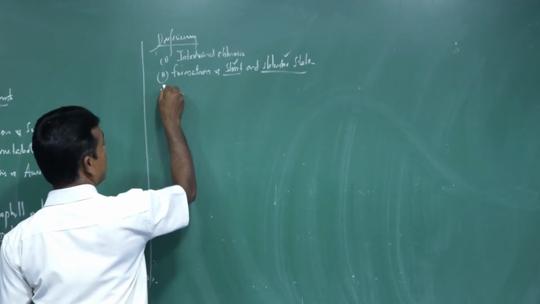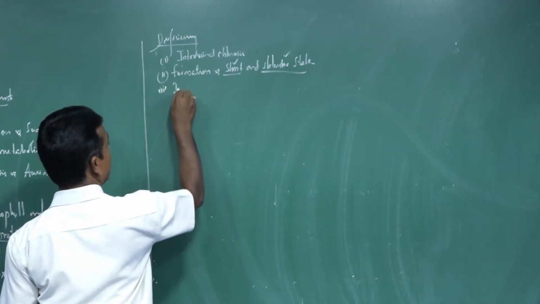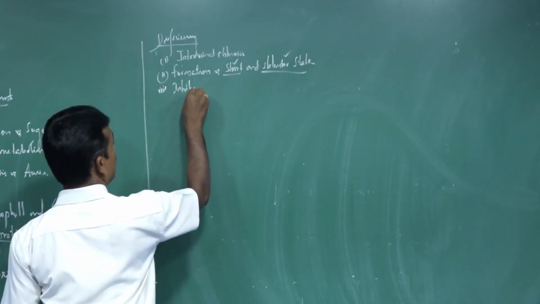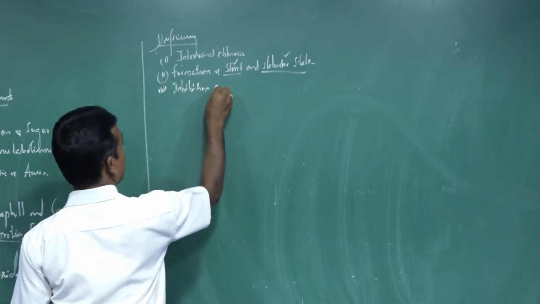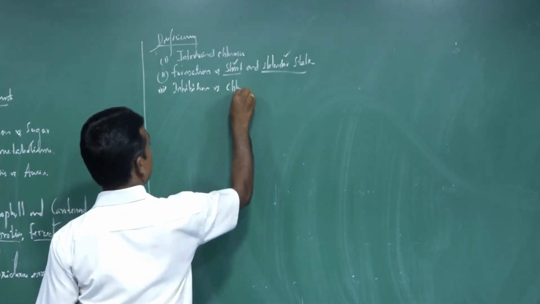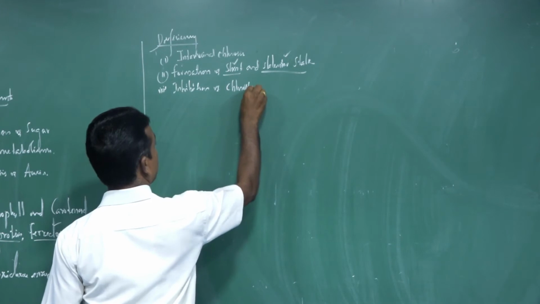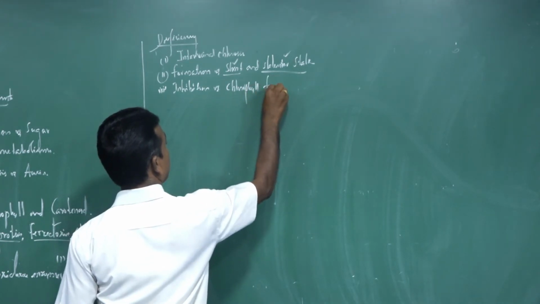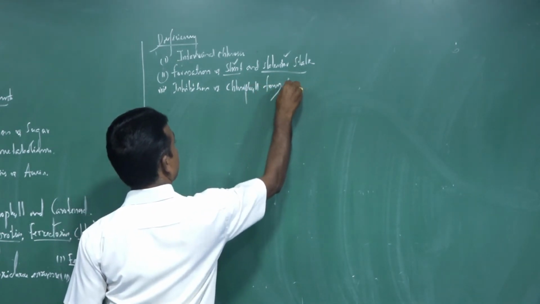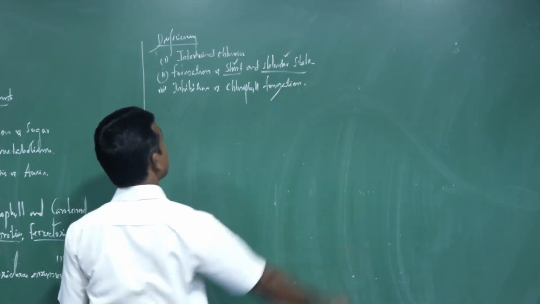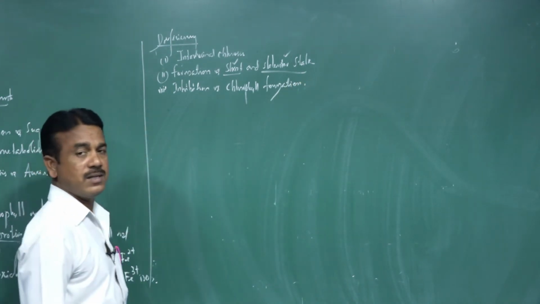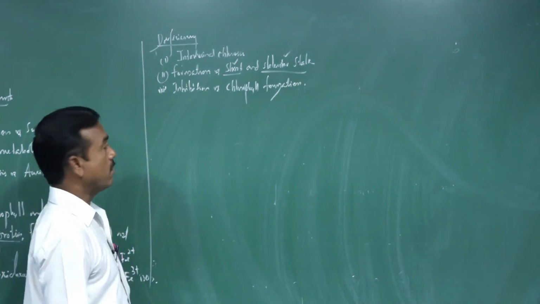Third deficiency is inhibition of chlorophyll formation. These are commonly called deficiency of iron.